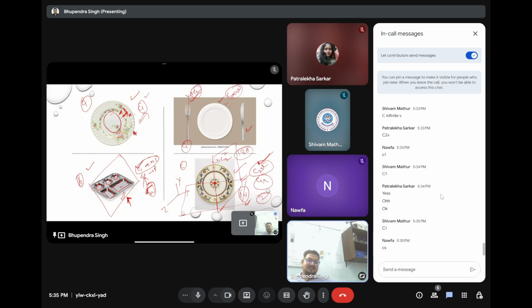C1, CS, okay. CS, CS. How many are in CS? Patlekha and Nafa. C1, Shivam.